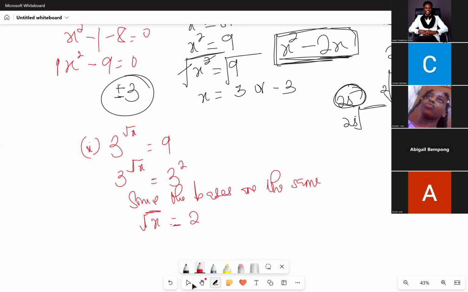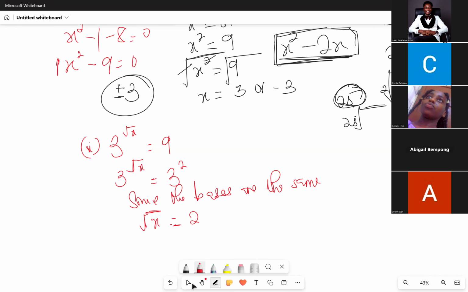Hold on, let me check if we've written the right question before I waste my time. Where did I take this from? I want to be sure we've written the right question. Where's the question? 3 exponent root x equals 9. Yeah, it's correct.